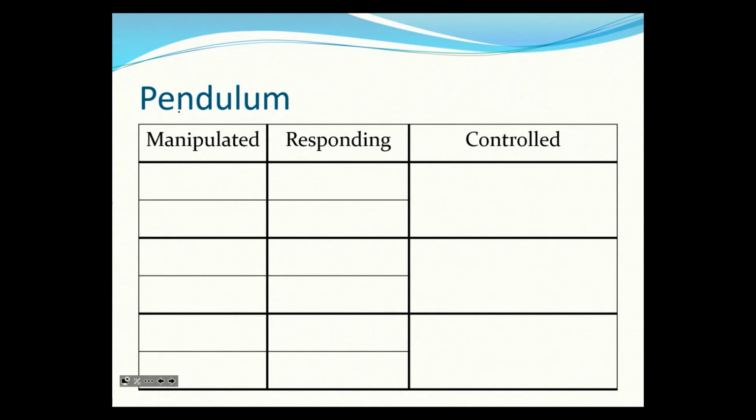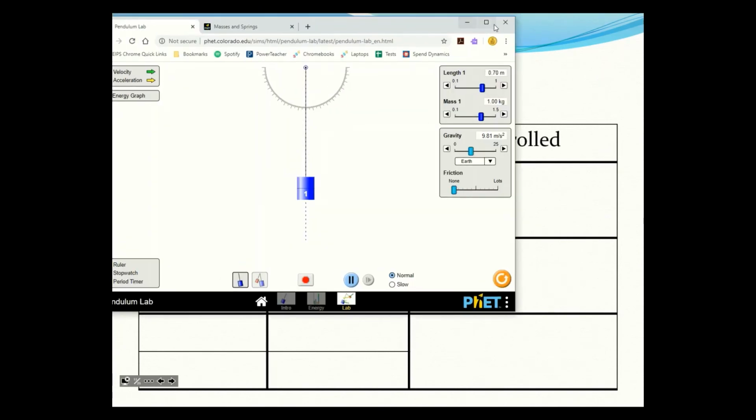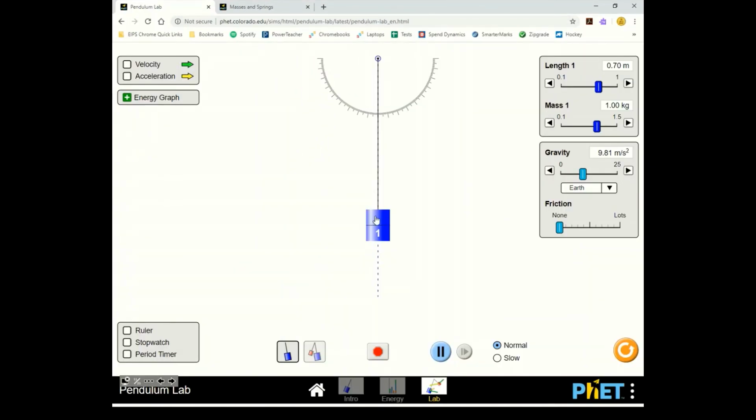So what we're going to talk about is a pendulum, and I want to know what affects the period of a pendulum. And usually I do this as an actual demonstration with a real pendulum, but of course this makes it harder. So what I have here is a pendulum simulation. We're going to use this for our lab in a bit, right?